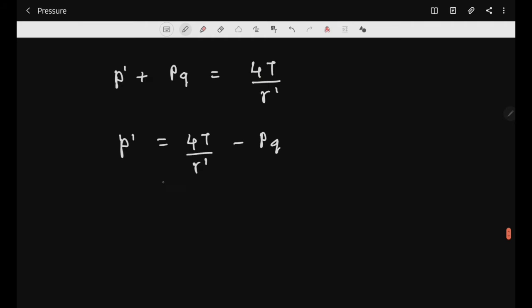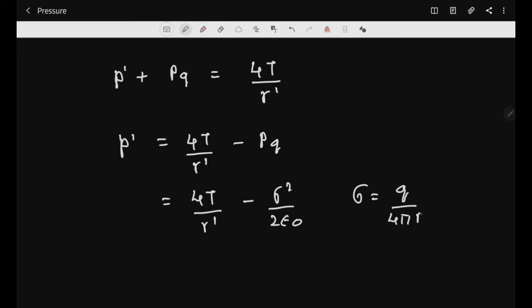We know that this PQ is sigma square divided by 2 epsilon naught. Now this sigma is nothing but charge divided by the surface area. The surface area here will be 4 pi r dash square. I am writing r1 instead of r dash, otherwise it becomes difficult to write the powers.